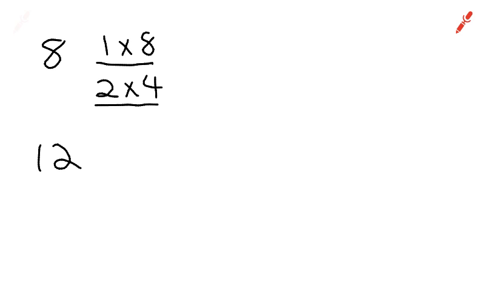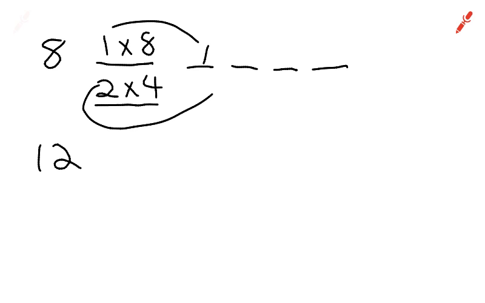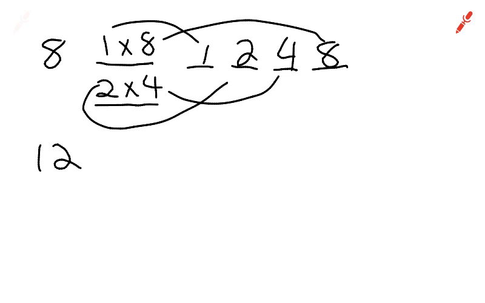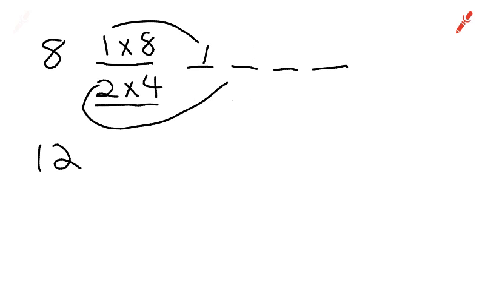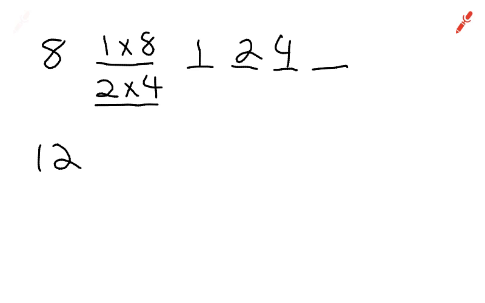So our factors for 8, and they give us 4 blanks there, is going to be our 1, our 2, our 4, and our 8. 1, 2, 4, 8.